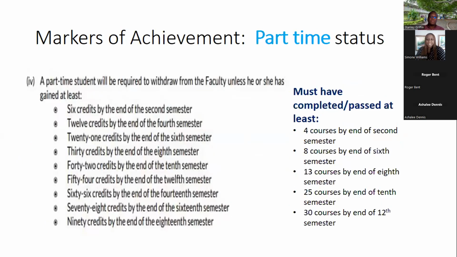All right. So again, same thing at the part-time status, 4 courses, 8 courses, 13, 25, 30. So there are markers there ensuring that you would have met a particular number of credits, even if you have to take things slower because of whatever reason, maybe financial.